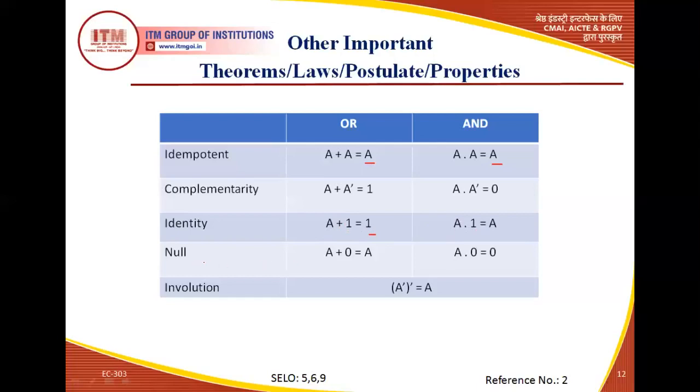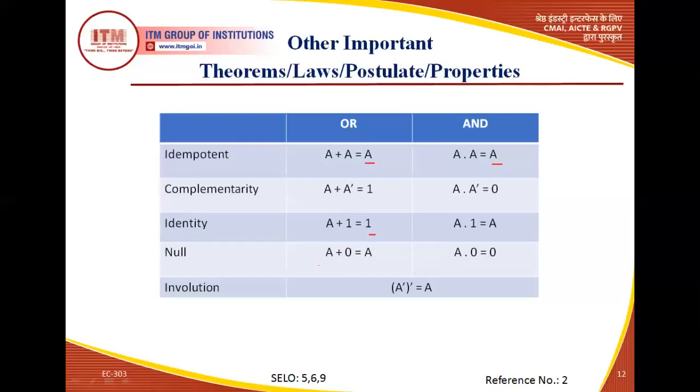Next is the null property, which shows the OR operation and AND operation with logic 0. If we perform the OR operation with logic 0, it will give the same variable. That means A plus 0 gives A, and A dot 0 gives 0.